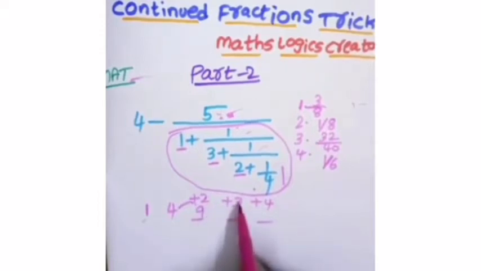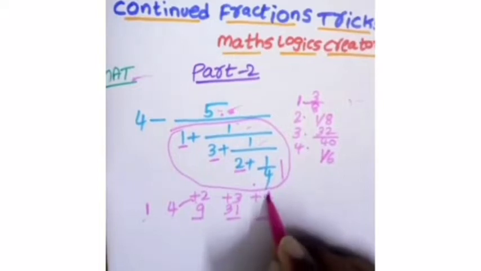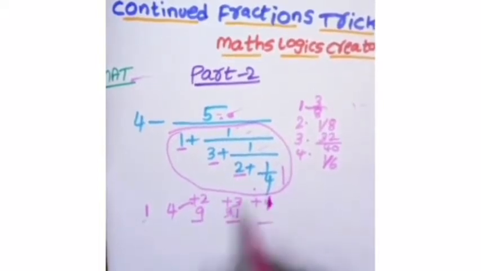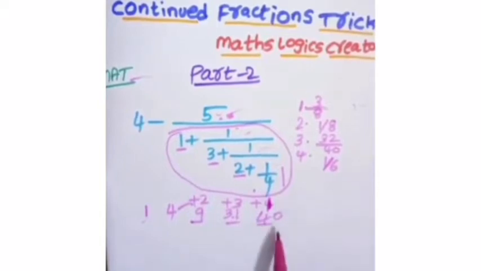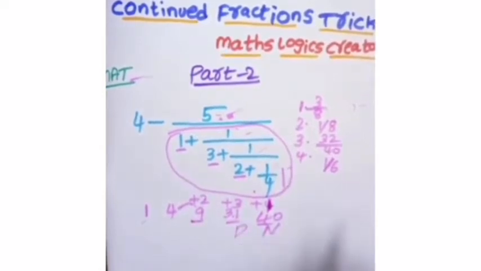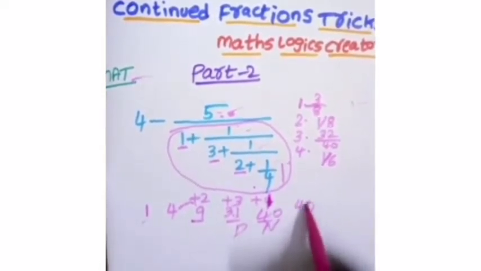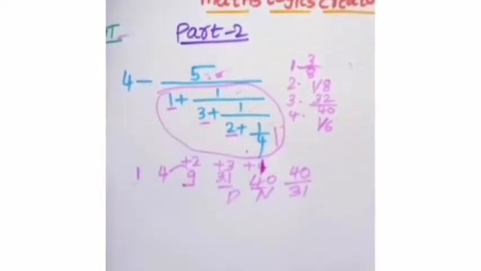So 9 into 3, 27, 27 plus 4, 31. So 31 into 1, plus 9 is going to be 40. So if you want the answer for this denominator part, take this as numerator and take this as denominator. So answer is going to be 40 by 31.